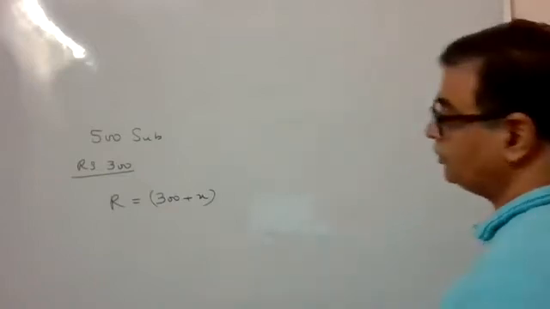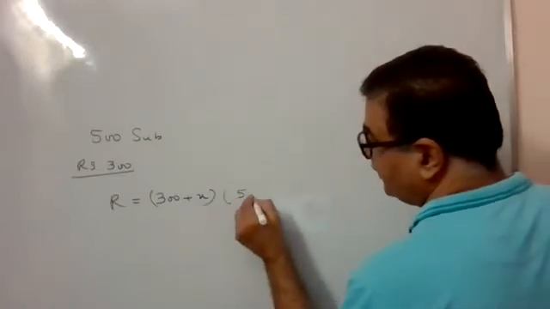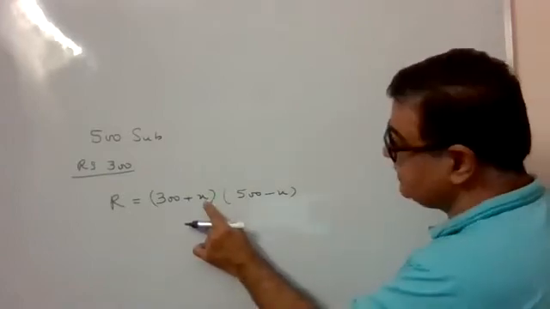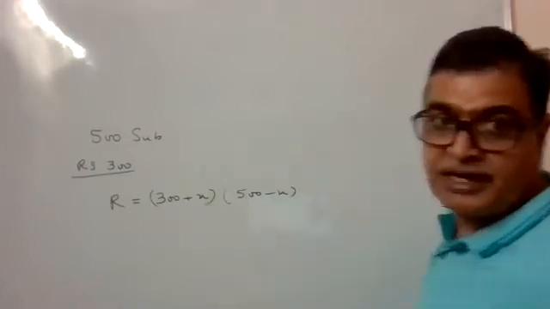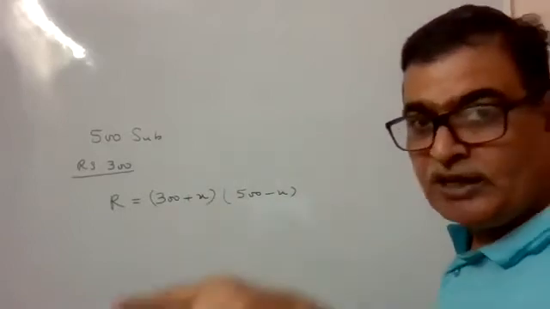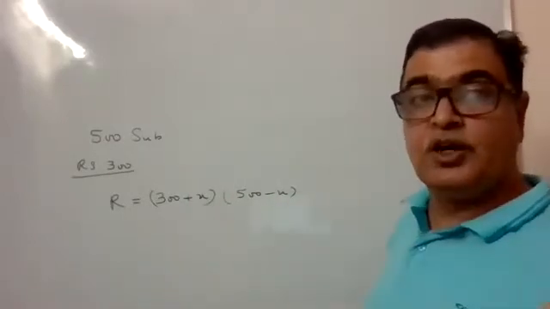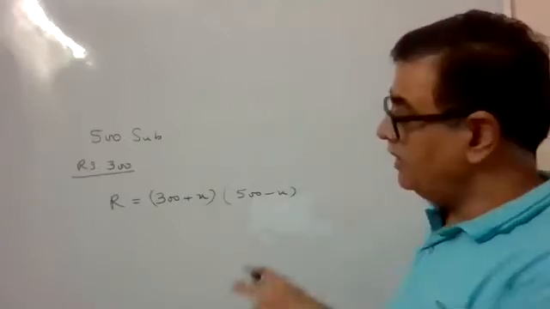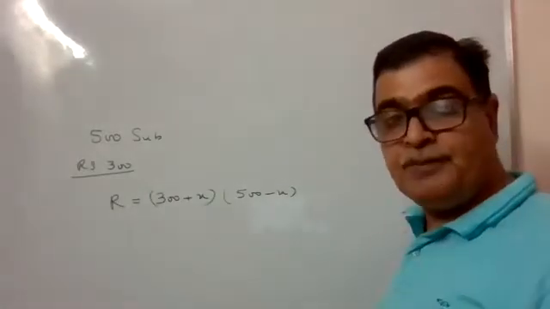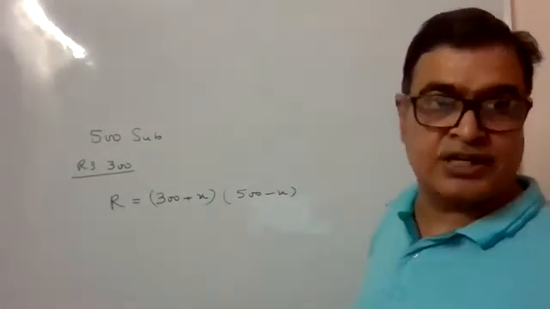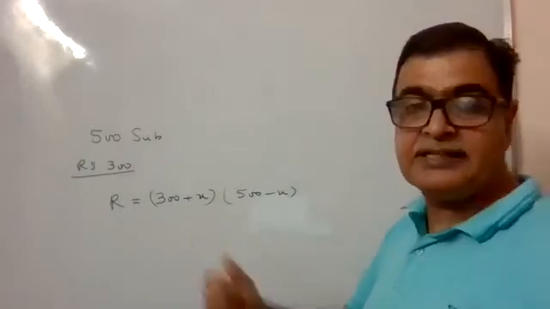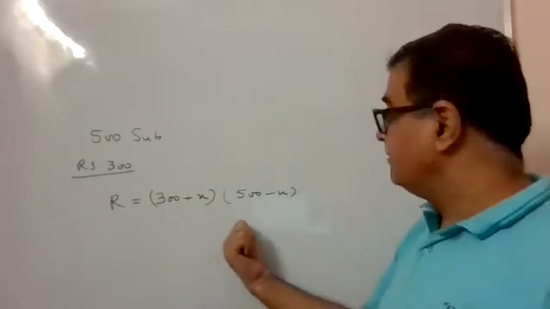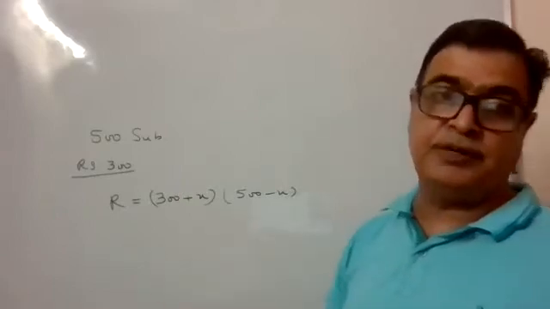Then the number of subscribers will be 500 minus X. Whatever rupees you increase will decrease the number of subscribers: 1 rupee increase, 1 subscriber leaves; 2 increases, 2 subscribers leave; 3 increases, 3 subscribers discontinue. So the amount is 300 plus X and the subscribers will be 500 minus X.